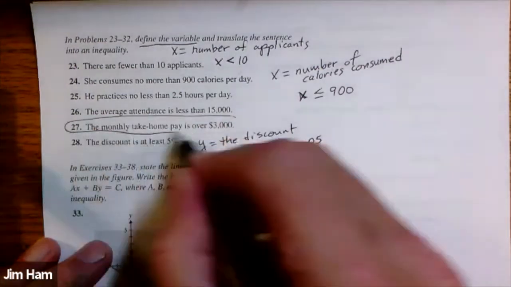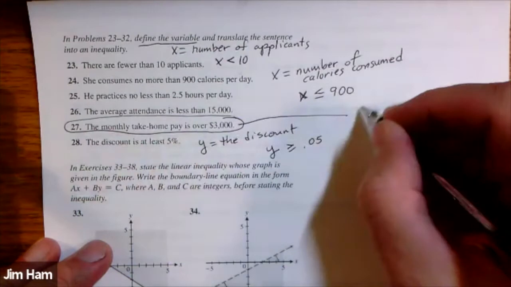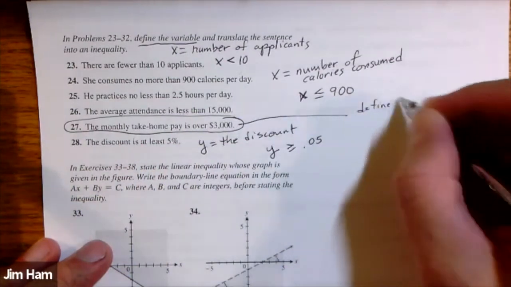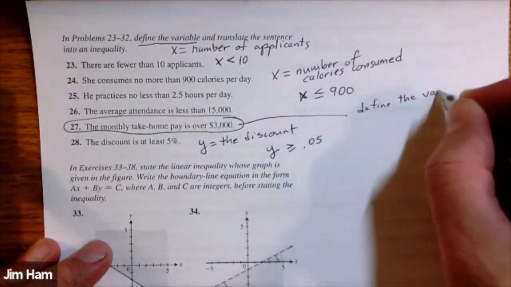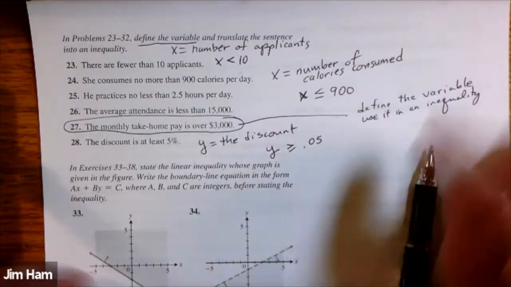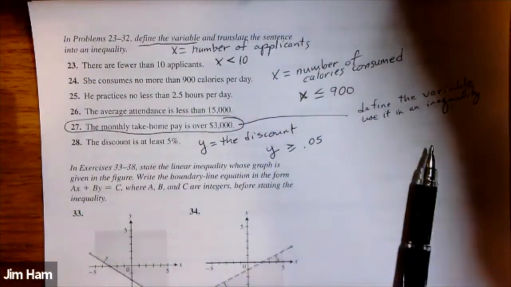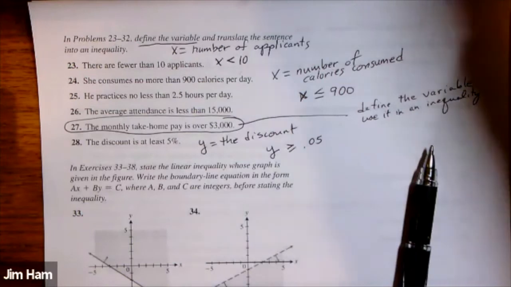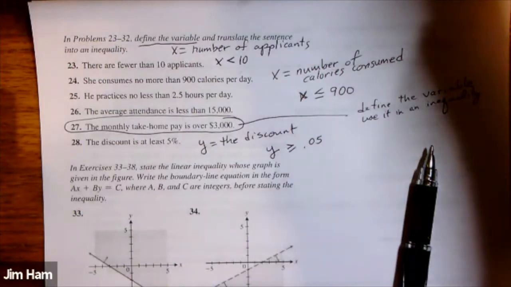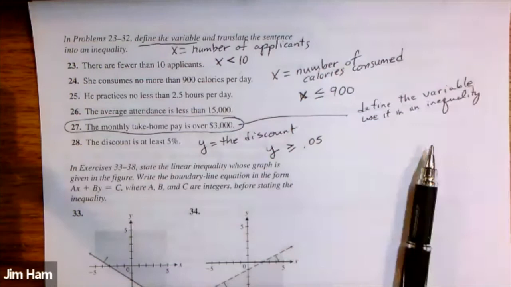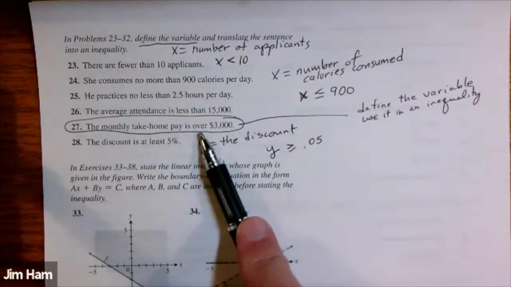Define the variable and then use it in an inequality. We'll hit the less than or equal to and the greater than or equal to sign like that. Okay, yep.